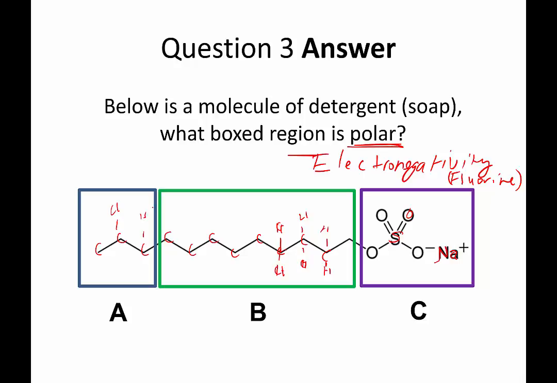A little bit messy, but I think you guys get the picture. Each bend in the line represents a carbon molecule. So for this detergent, we actually have a long stretch of carbons and hydrogens.